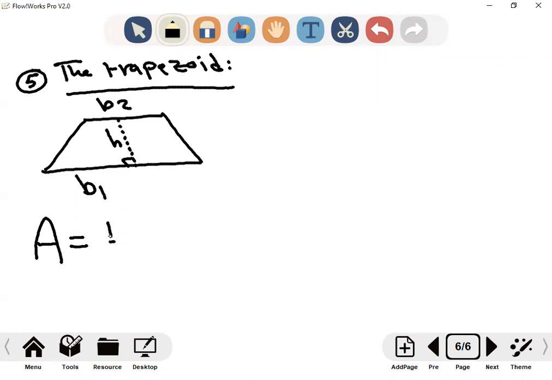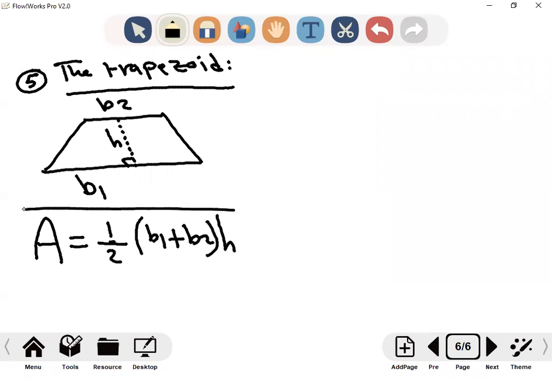Excellent. Half multiply base 1 plus base 2 multiply the height. This is the area of the trapezoid. Half multiply base 1 plus base 2 inside parentheses, then multiply by height. Okay? This is the area for the trapezoid, guys. Don't forget that.